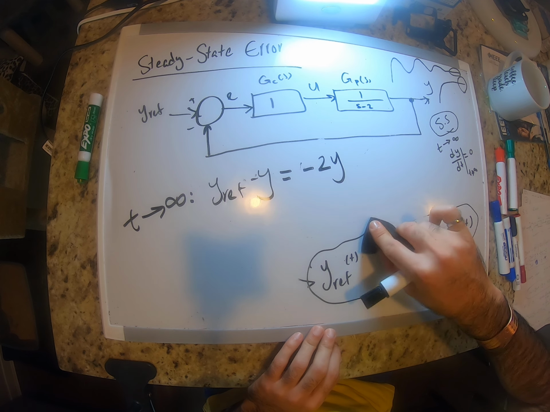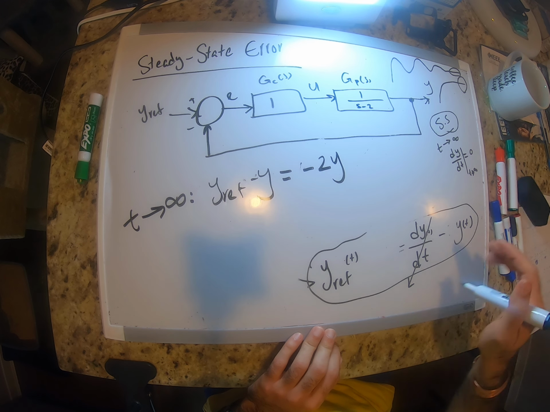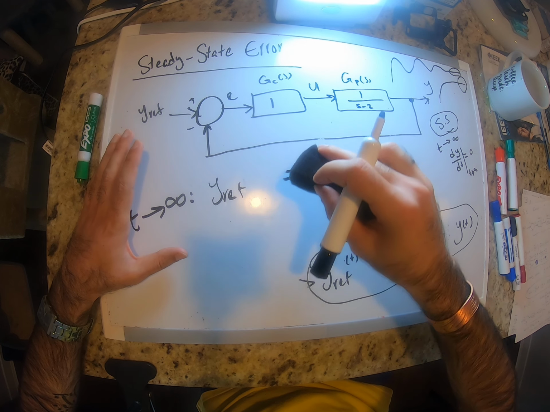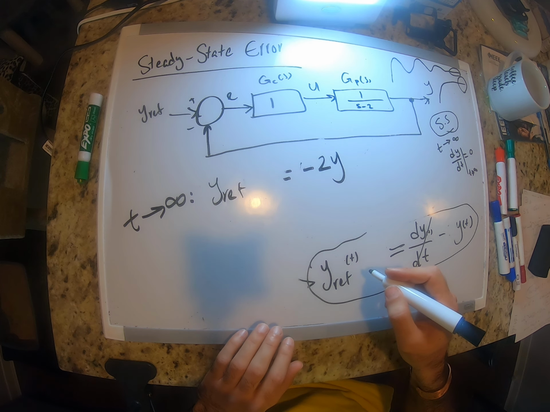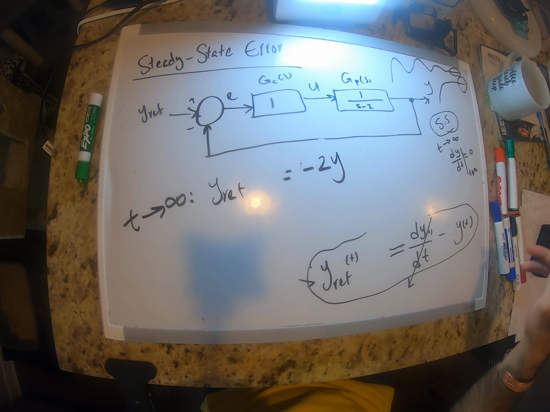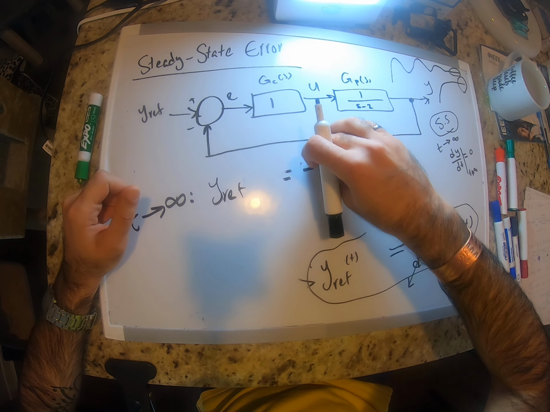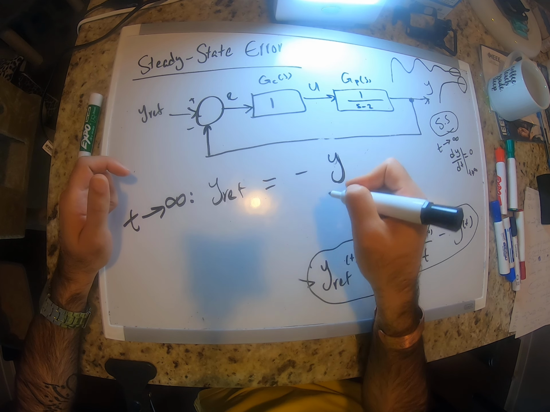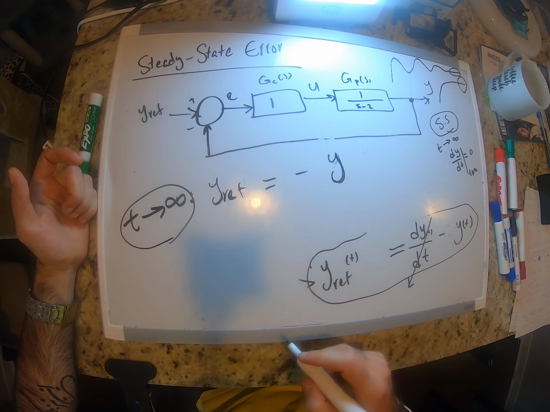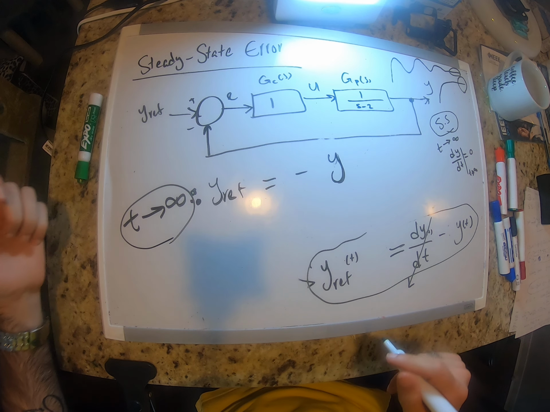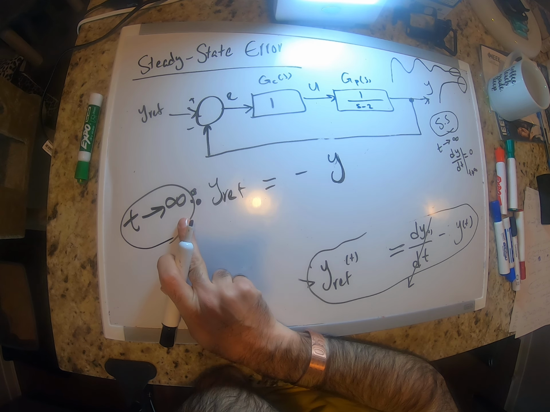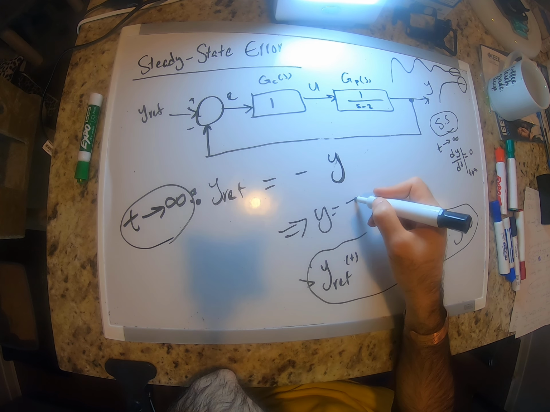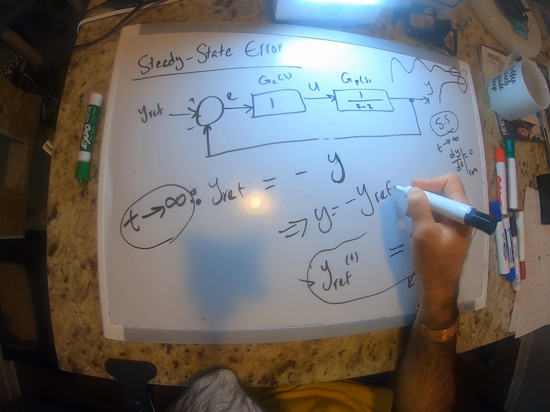I could have just written this one as y ref minus y of t is equal to this. This would have been better. Actually no, that's okay. Let's just leave it like this. Y ref becomes equal to negative y. If t moves to infinity, our output is going to be negative of y reference.